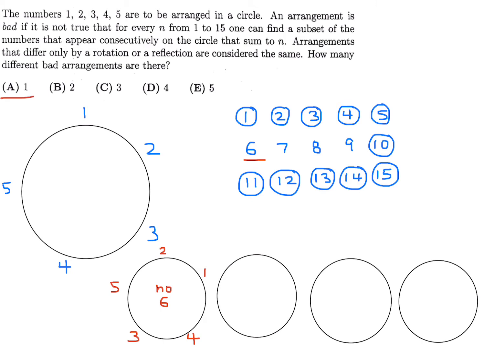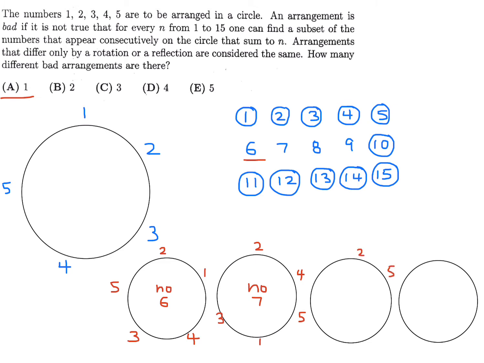So that's pretty good. Now let's try no 7. Again, you fiddle around with this, and when you do, you get this arrangement: 2, 4, 5, 1, and 3. If you arrange them like that, there's no way of adding up to 7.